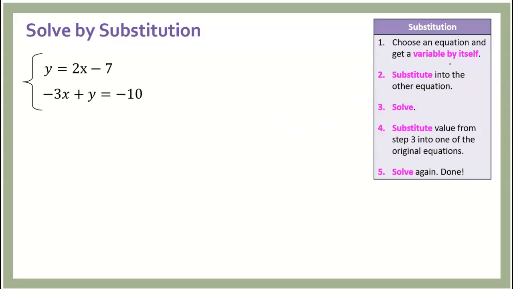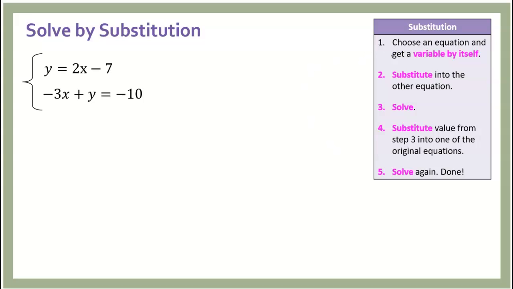Notice we have one step up front where we need to get a variable by itself, so we can do substitution. But beyond that, we'll just substitute and then solve. That's the steps we just did on the previous slide. We're used to that. And then we need to repeat it. We need to substitute and solve again. That's because we have two variables. So we're just going to repeat this process. So let's see how this works.